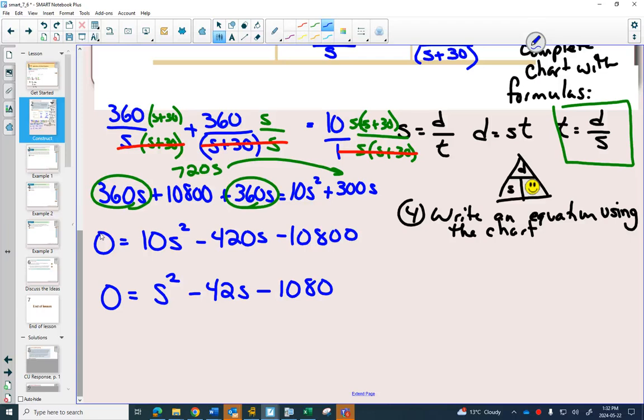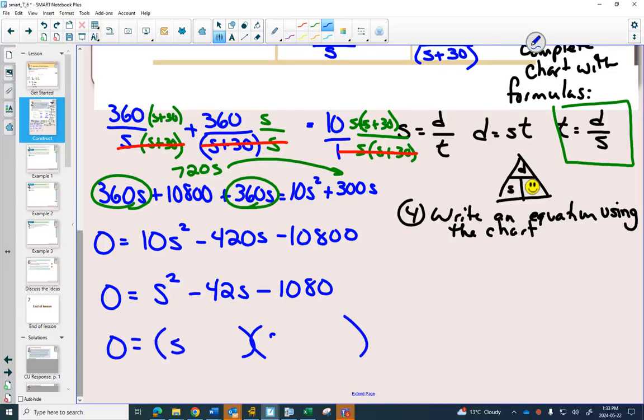Now, for most of you, I'd probably go, you probably don't know big times tables that are 1,080. So I might suggest going to your quadratic formula here. Just checking what is 60 times 18. Oh, it's 1,080.